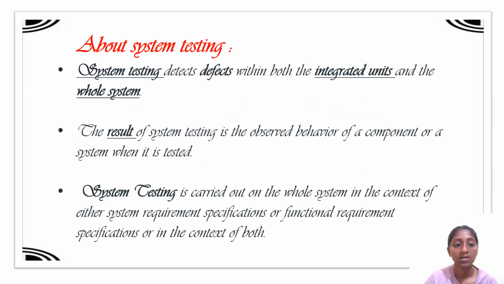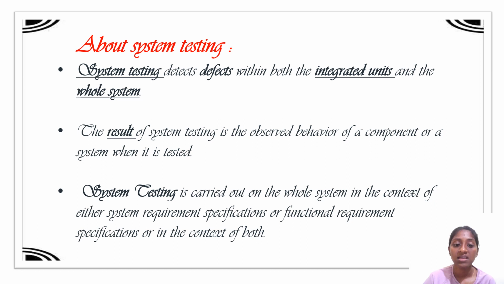Now let's look into a brief note about system testing. System testing detects the defects within both the integrated units and the whole system. The result of system testing is the observed behavior of a component or a system when it is tested.